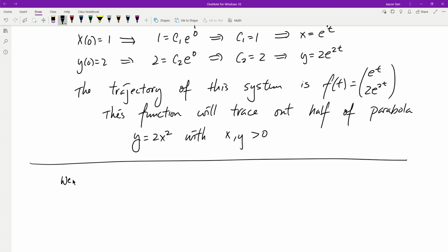Since the solution is a vector, because it's a function that went from R1 to R2, maybe we can rewrite this system in vector notation to try to condense some of this stuff.